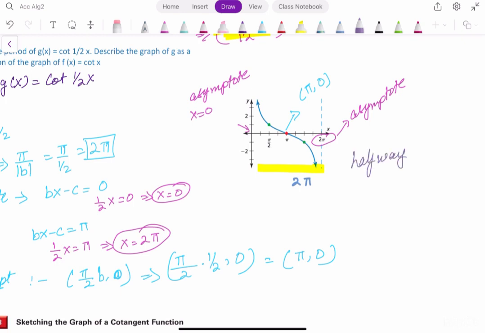Now to calculate halfway for the cotangent function, we have pi over 4b comma a and 3 pi over 4b comma negative a.